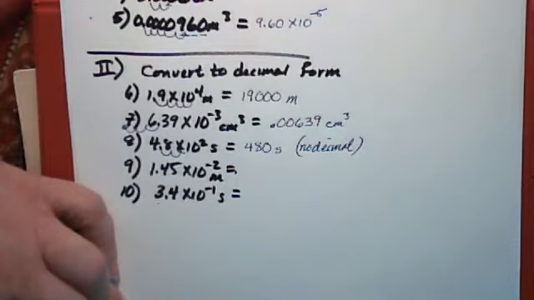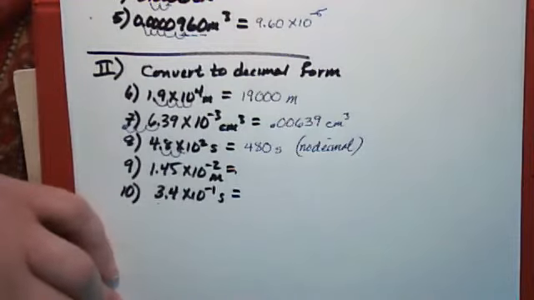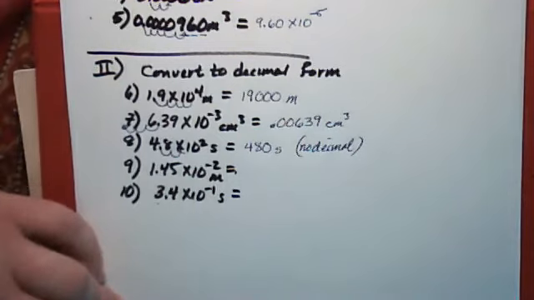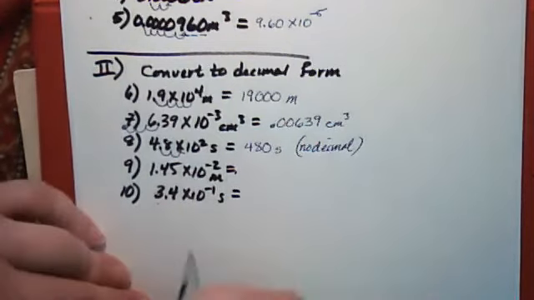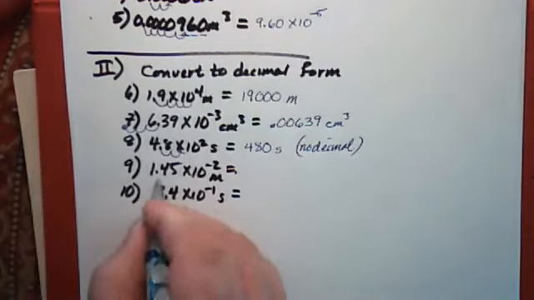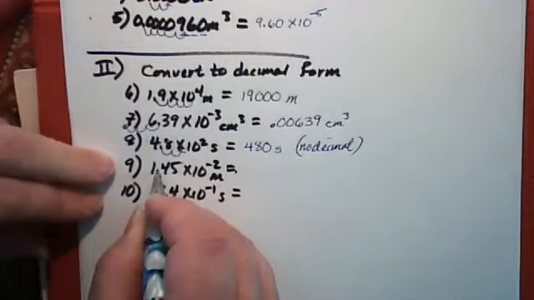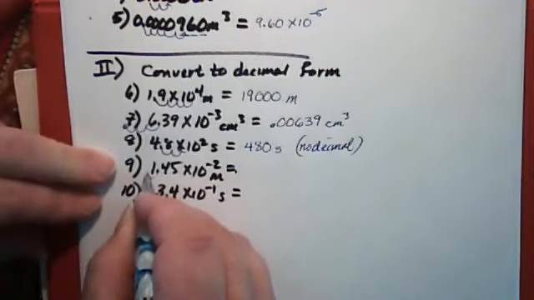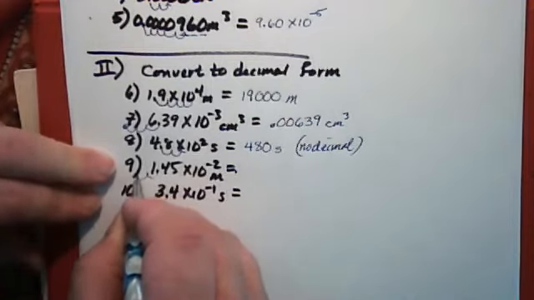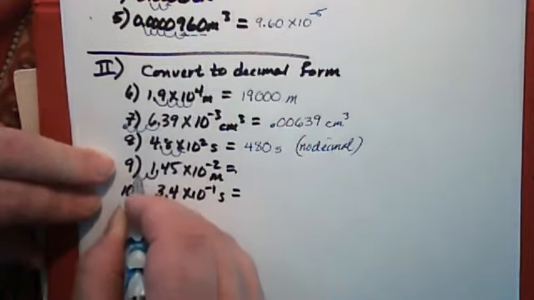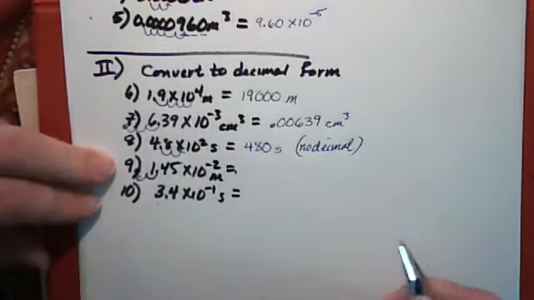All right, the next one is 1.45 times 10 to the minus 2. When you have the decimal point here and you have a negative exponent, you move the decimal point in the direction that makes the number smaller. We move it 2 spaces in that direction. So it ends up here.